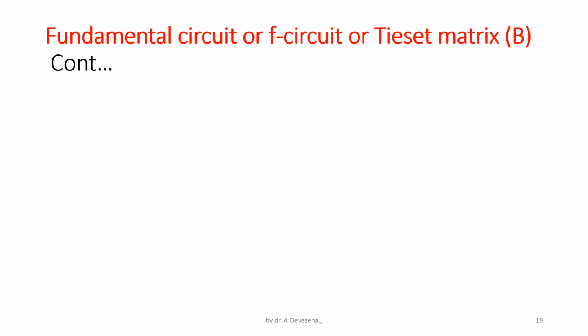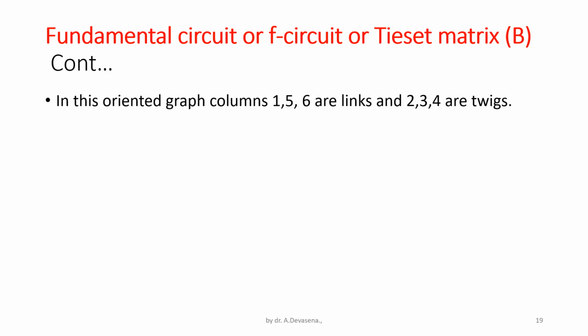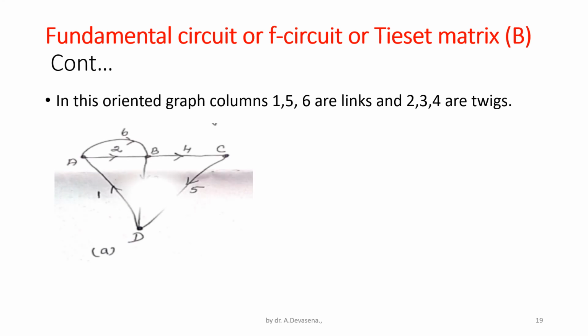In this oriented graph, columns 1, 5, 6 are links and columns 2, 3, 4 are twigs. The oriented graph is presented here for reference purposes.